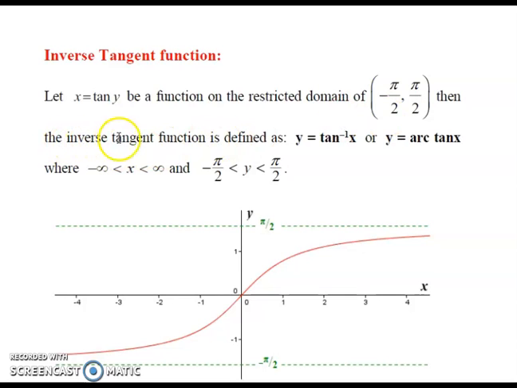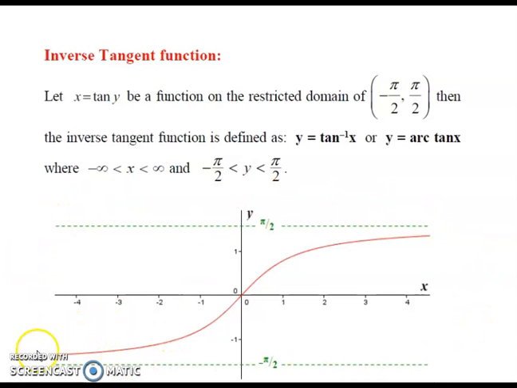Therefore, the inverse tangent function is defined as y equals tan inverse of x, or y equals arc tan x, where the domain is minus infinity less than x less than infinity and the range is minus pi by 2 less than y less than pi by 2. So this is the graph of the inverse tangent function.